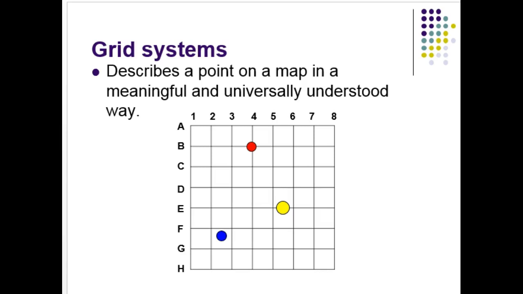And even if our dot doesn't lie at a perfect point at the intersection of these axes, we can still figure it out. We could say E.5 and 5.5 and know that we were talking about the yellow dot, right? When we talk about grid systems, latitude and longitude is just another example of a grid system.